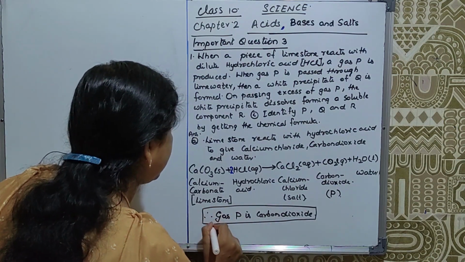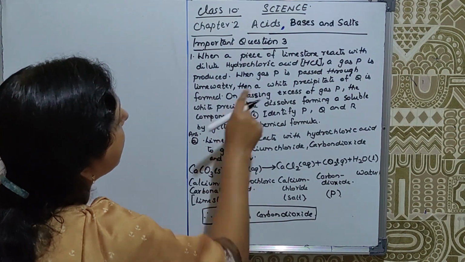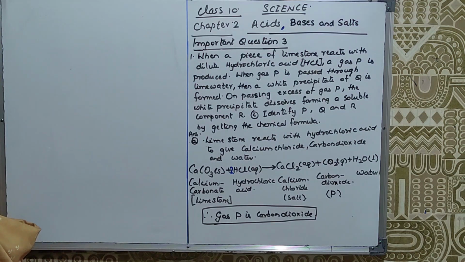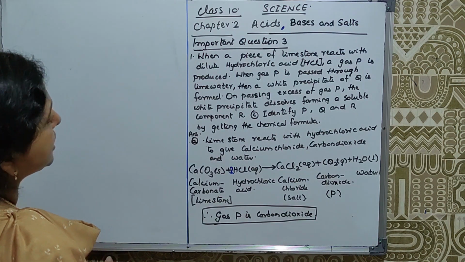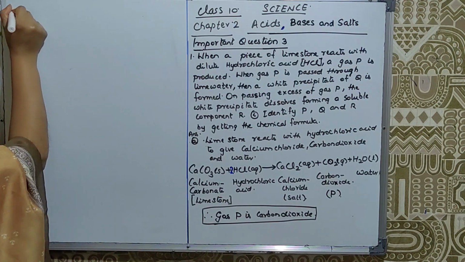When this gas P is passed through lime water, then a white precipitate of Q is formed. We are writing that.